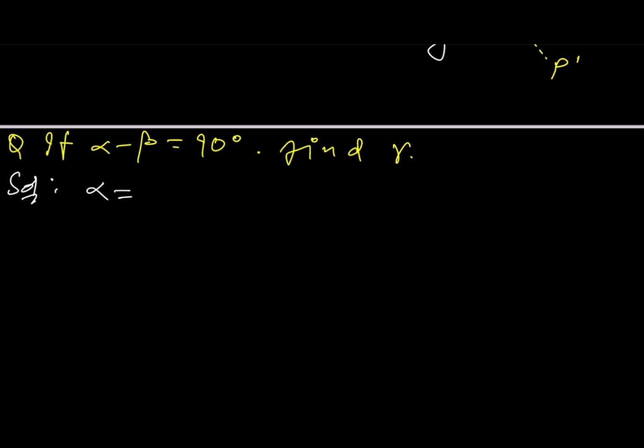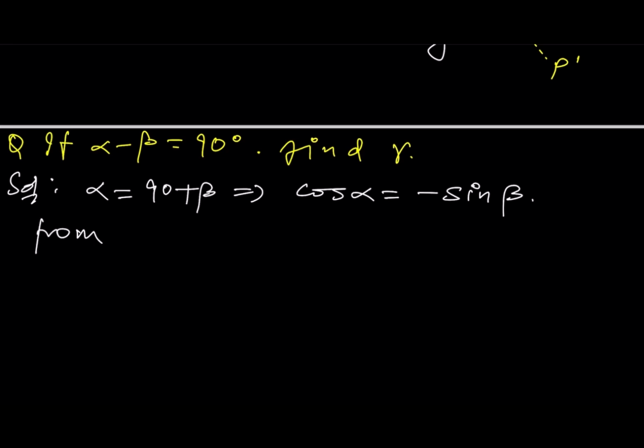Now let's come to the next question. Question is, if alpha minus beta is equal to 90 degree, find gamma. So we have to find the gamma angle, the angle which the OP vector is making with z-axis. So alpha becomes 90 plus beta, so cos alpha is equal to minus sine beta, right?